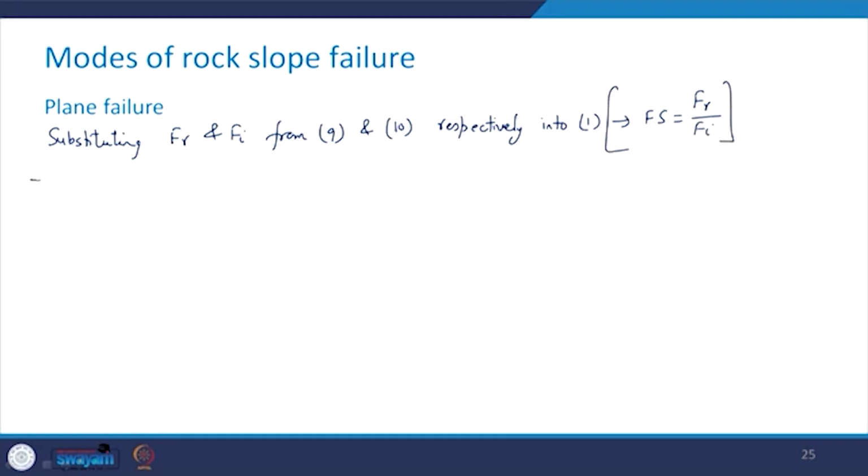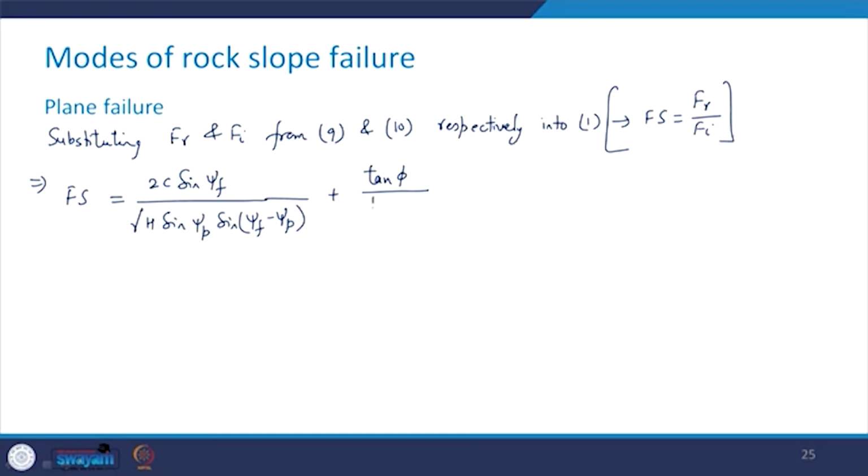So, we can get Fs as 2c sine psi f upon gamma h sine psi p sine psi f minus psi p plus tan of phi divided by tan of psi p.